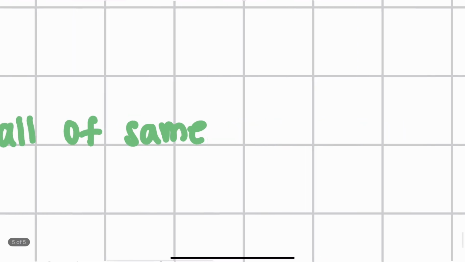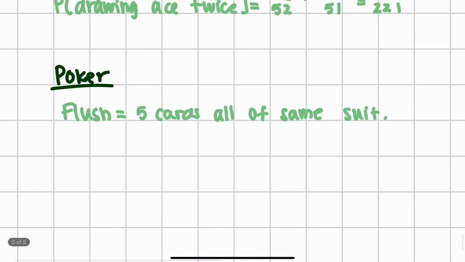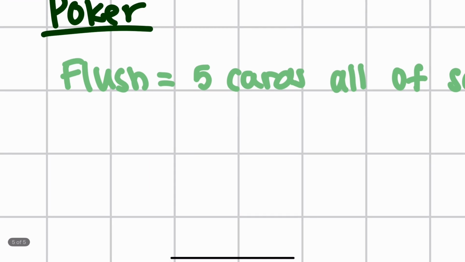So you could have 5 diamonds, 5 hearts, 5 clubs, etc. So to find the probability of a flush, we've got to look at 2 things. We've got to look at the number of ways to choose 5 cards from 13 in a suit. And we've also got to look at the number of ways to pick 5 cards from 52 cards.